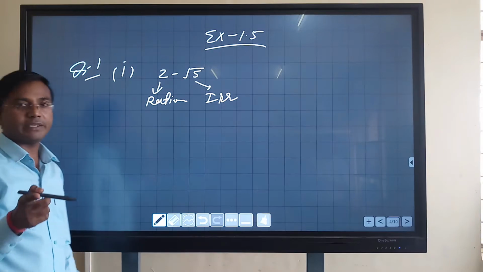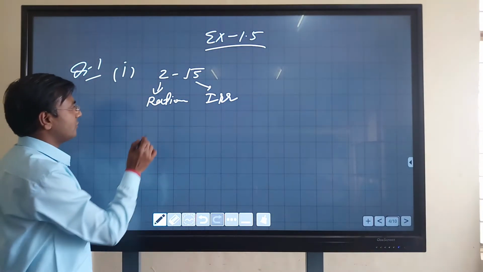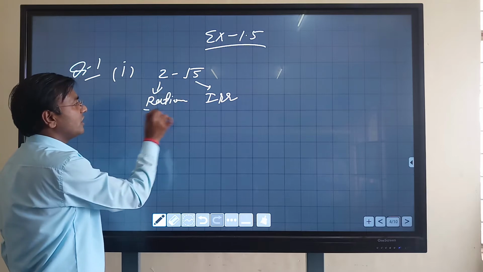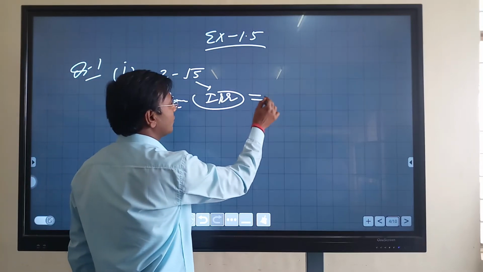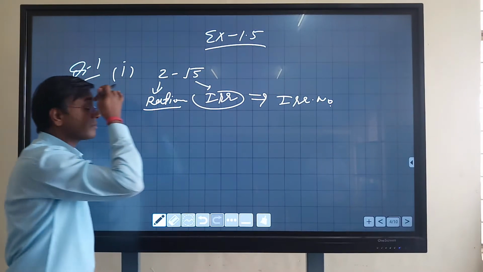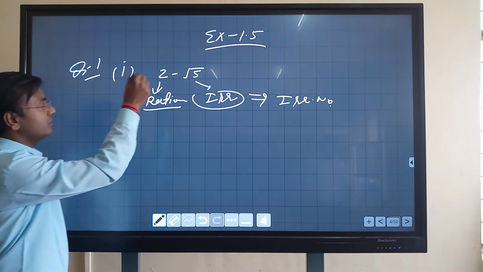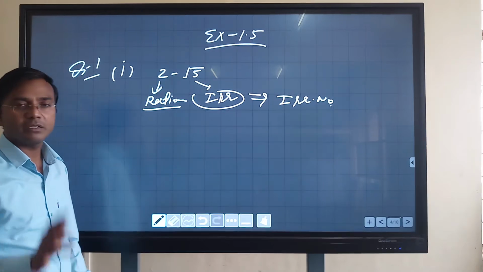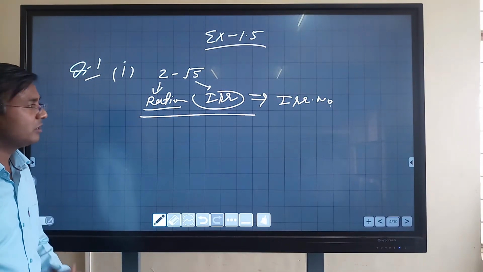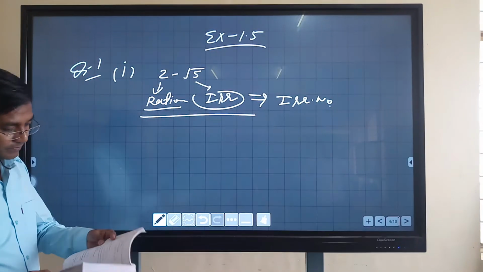And by the property, as we have learnt, you will write the difference of rational and irrational results in an irrational number only. So hence by the property, this 2 minus root 5 is an irrational number. Write the property. We have learnt it just before this page.